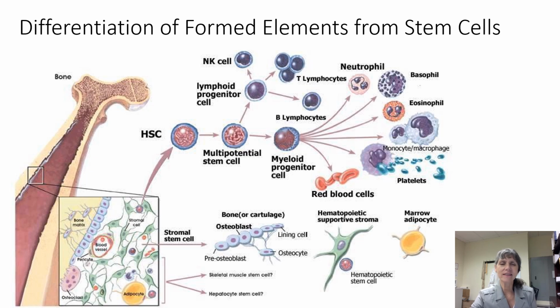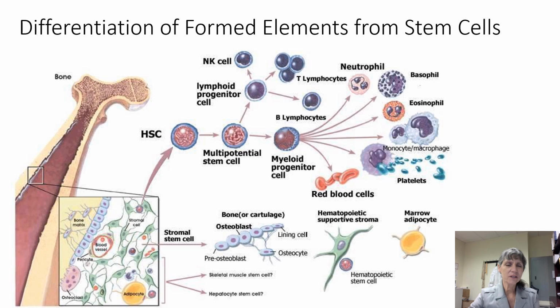Another direction that this multipotential stem cell might take would be that of a myeloid progenitor cell, where this cell can be turned into neutrophils, basophils, eosinophils, monocytes or macrophages, platelets, or red blood cells.